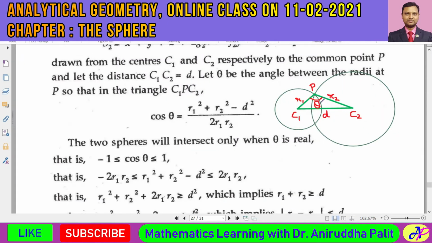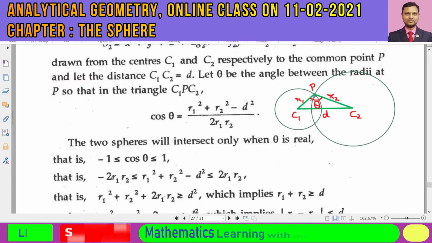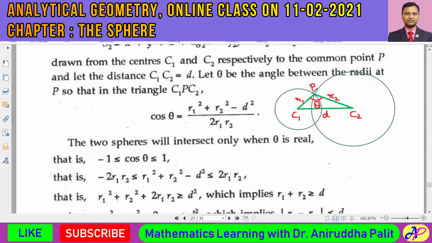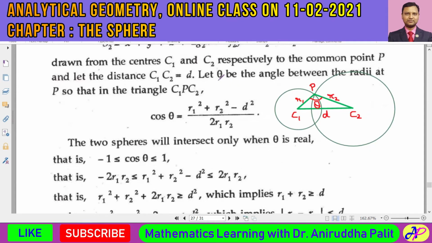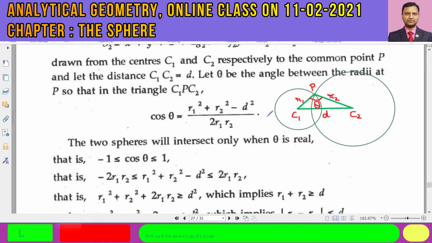This angle of intersection can be formulated as follows. Say this angle is theta. These three points, C1 the center of the first sphere, C2 the center of the second sphere, and any point P on the section of these two spheres, together form a triangle, and the angle theta is angle C1PC2.